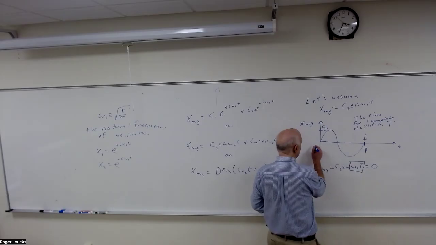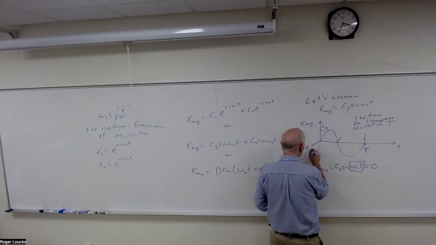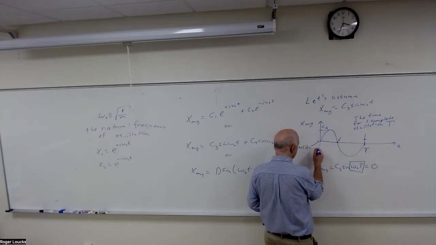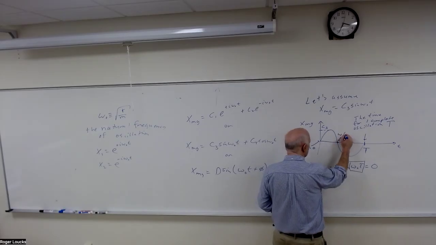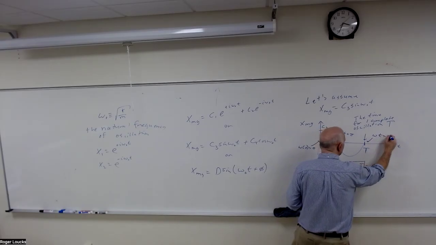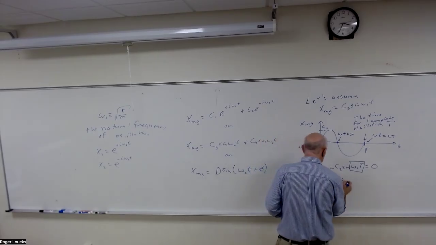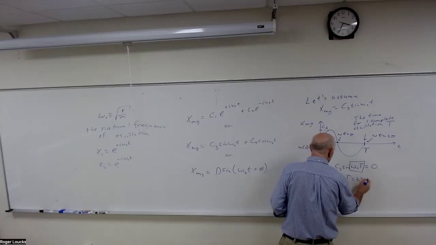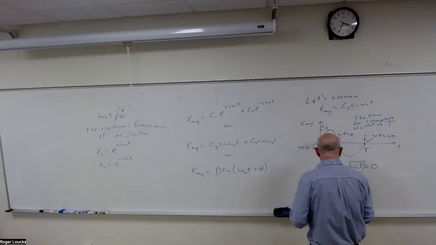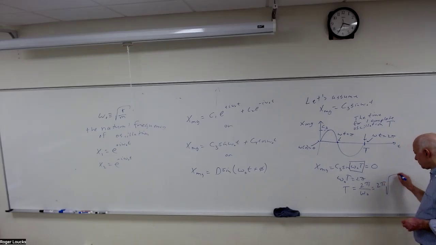This point here is omega times 0, 0. This is omega times the p value here is pi. Okay. So the omega naught times T, your time for oscillation, is 2 pi over omega naught, or 2 pi square root of m over k.